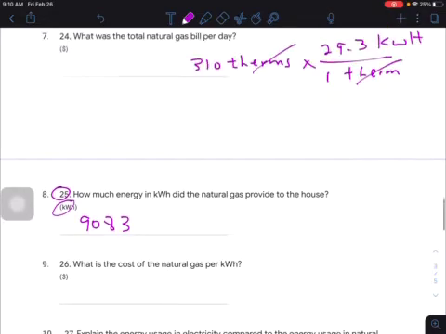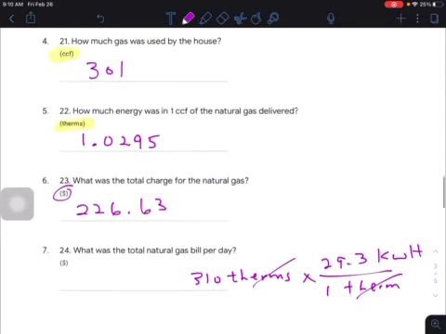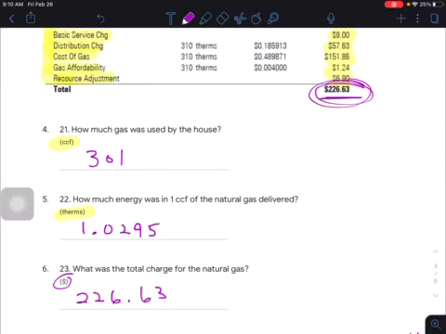Okay, so again, we have our total cost was 226.63 right here.